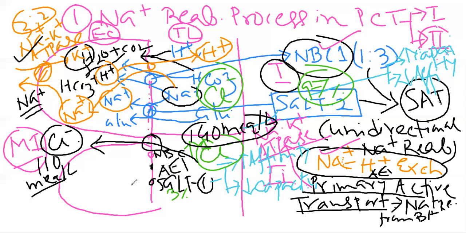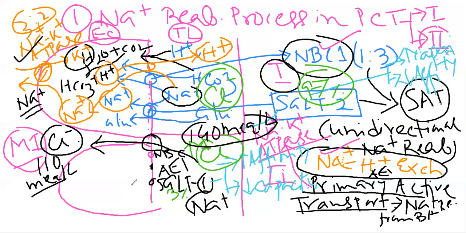Now what will happen? The second part of the PCT, which is present adjacent to the medullary interstitium, the negativity will be increased. So to maintain the electron neutrality, again sodium ion can be reabsorbed.